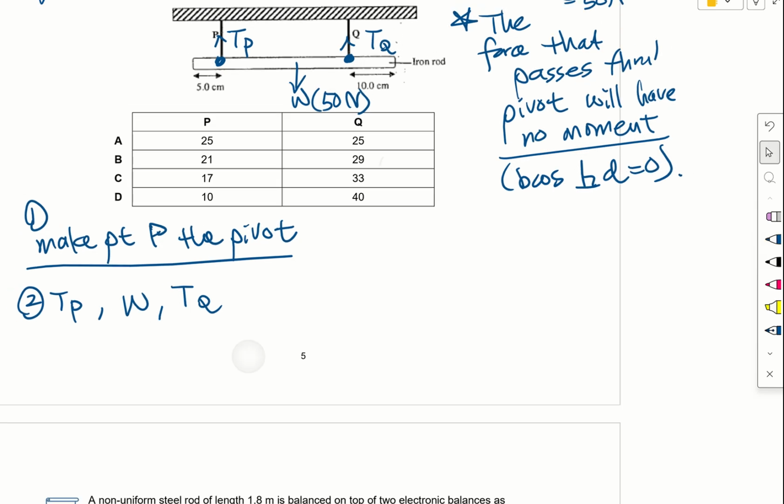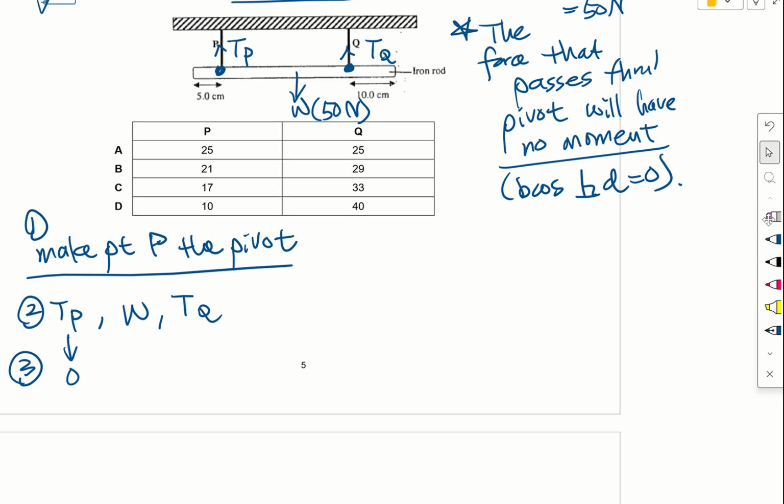Step 3, I'm supposed to find the perpendicular distance of the line of action of each force to the pivot. So for step 3, TP will be 0, right? Because the line of action of the force TP passes through the pivot. Okay, for W, because it's situated in the center, this is at the 25 cm mark.